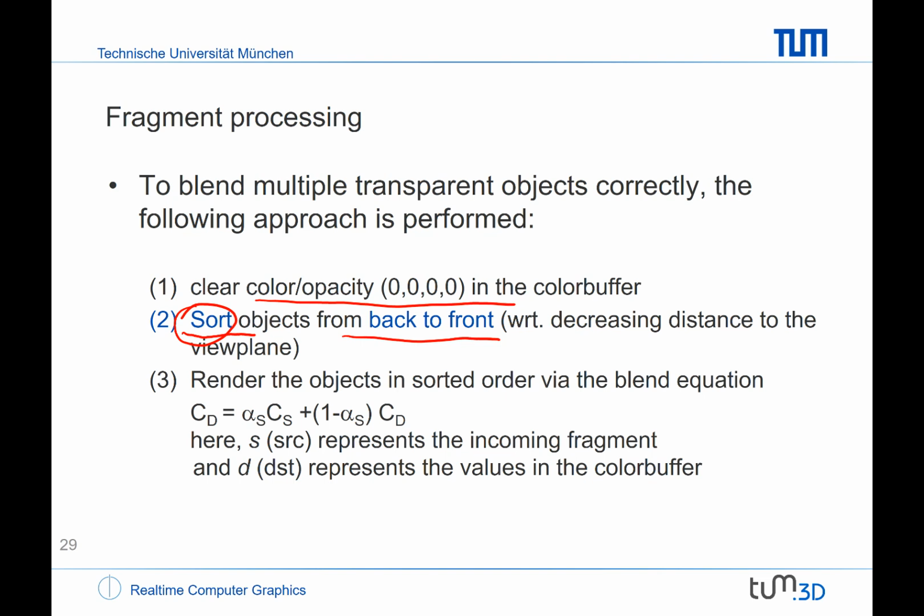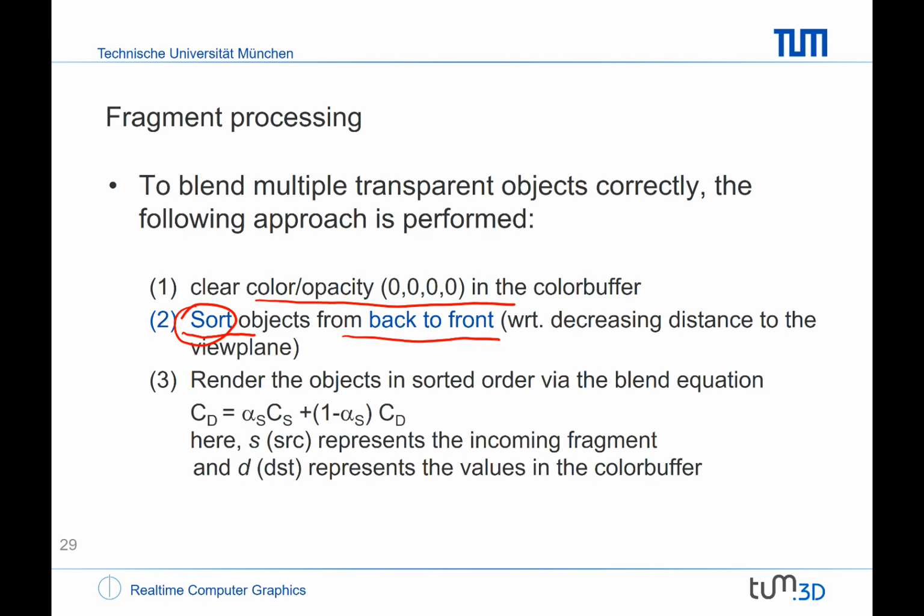Therefore, in typical real-time applications, you only see a few transparent objects usually, because the explicit sorting of such a low number of objects can be done fairly efficiently. But if you would have to sort thousands or even tens or hundreds of thousands of objects in every frame, this would significantly decrease the frame times.